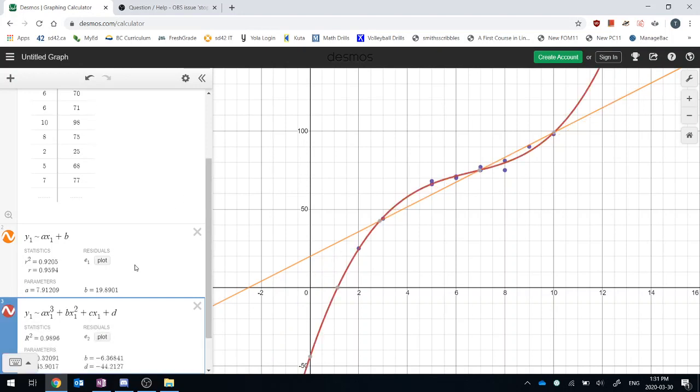And there we go. I'll change this one maybe to a better color, maybe purple, maybe green. Yeah, let's do green. Green's a little better. All right.